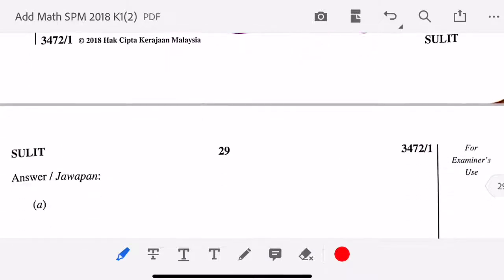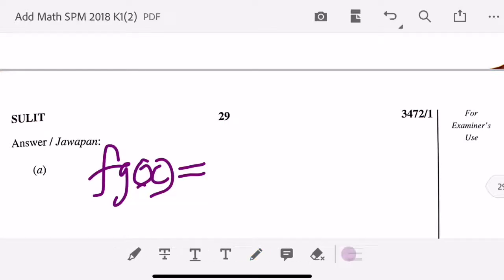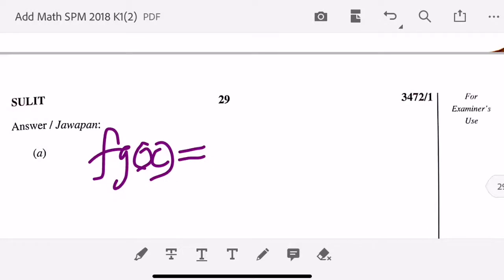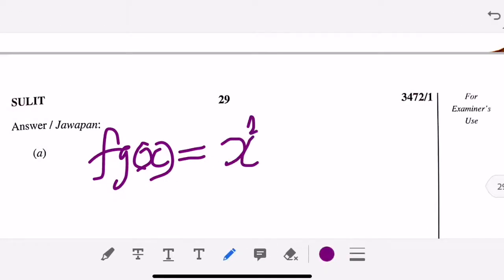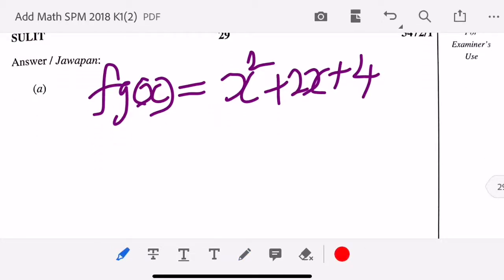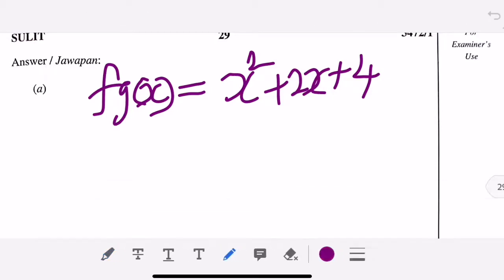After you got the inverse g, you can substitute into your composite function. Now I'm going to substitute into fg(x) equal to x squared plus 2x plus 4. Copy correctly, then only substitute. Inside the x, I'm going to sub the inverse.